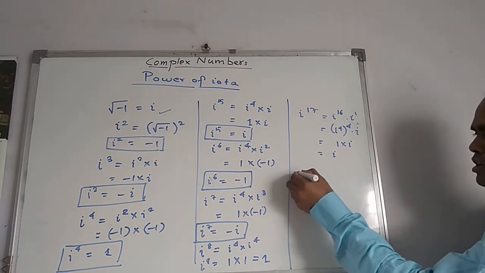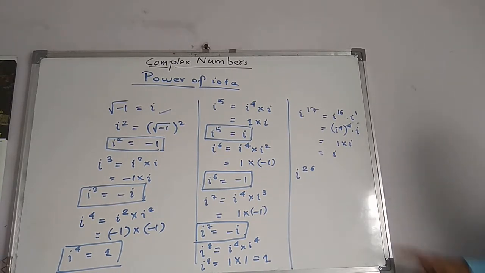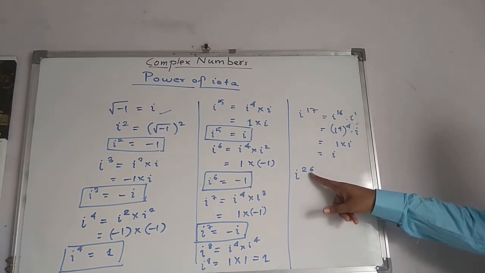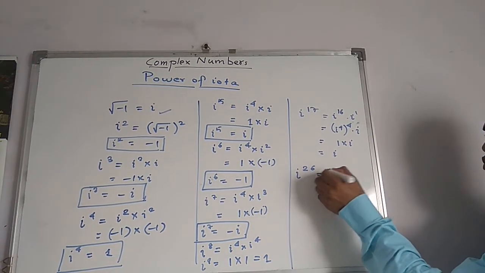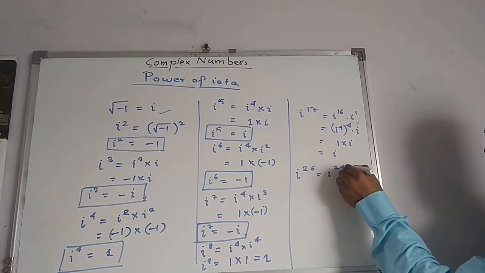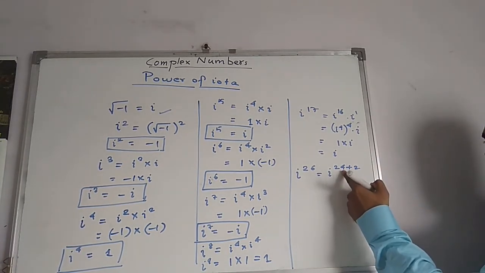Similarly, when we have iota raised to 26, let's write 26 in terms of the nearest multiple of 4. So we can write it as iota raised to 24 plus 2, and iota raised to 24 is a multiple of 4.